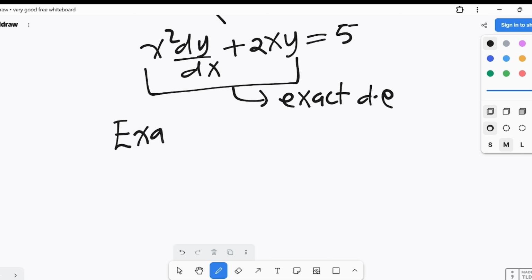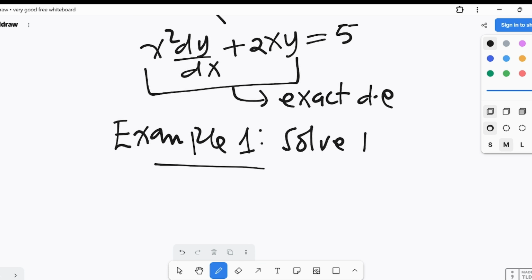You are given example 1 and you are told to solve the DE. DE stands for differential equation. So solve a DE. Now you are given a DE like this.